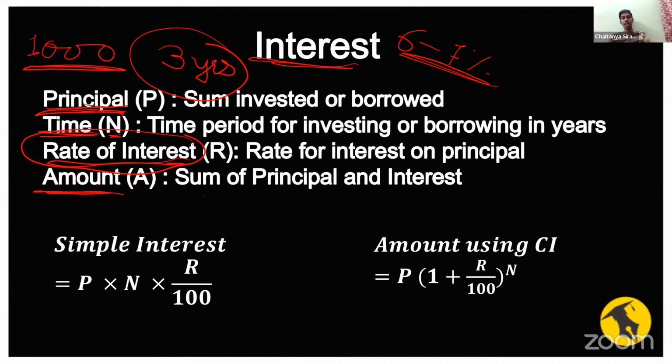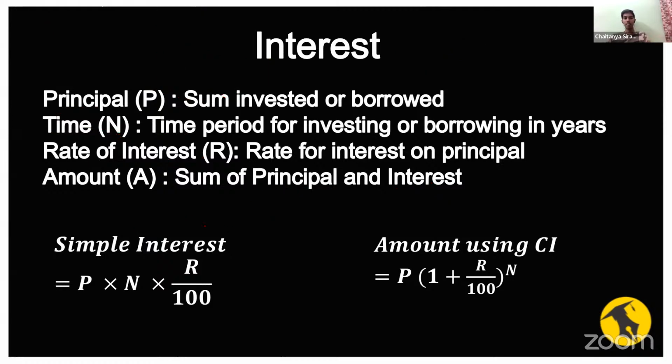Amount is simply principal plus interest. So let's say I invested 1,000 rupees, which was my principal, for 3 years at, let's say, 7% per annum. I get 7% of the money which I have invested back every year. So my amount after 3 years would be how much? The principal plus whatever interest I gained. All right. I hope the basic terminologies are clear.